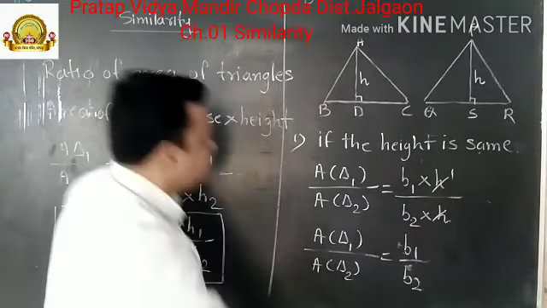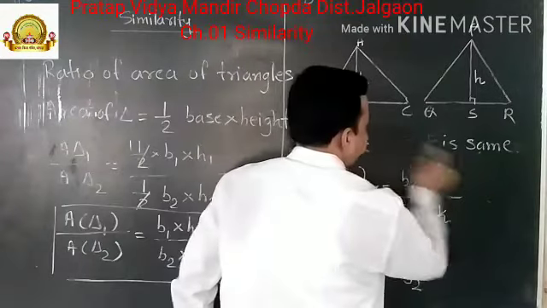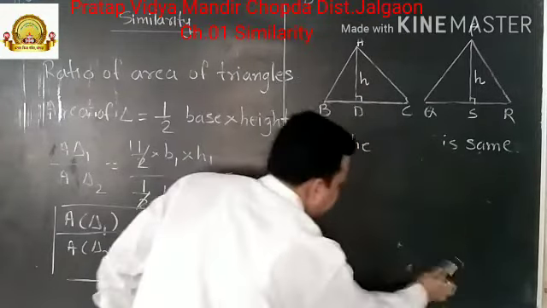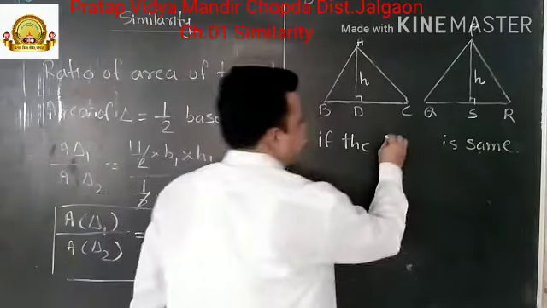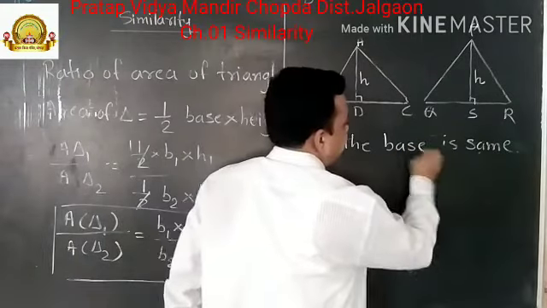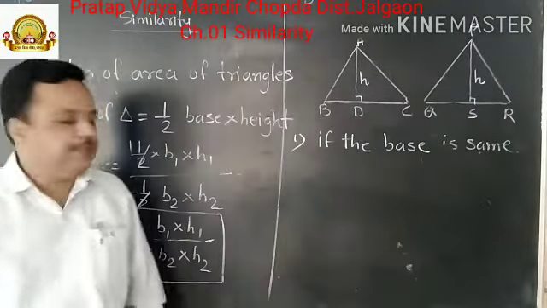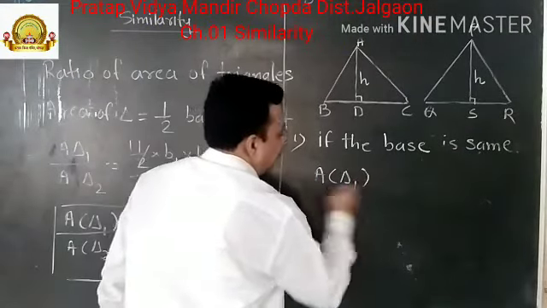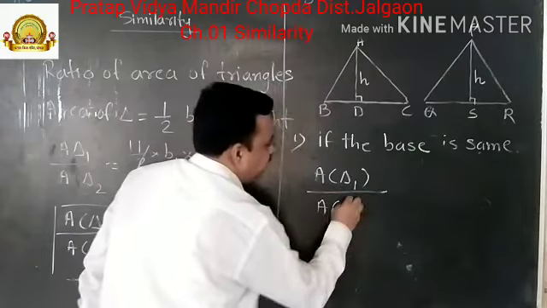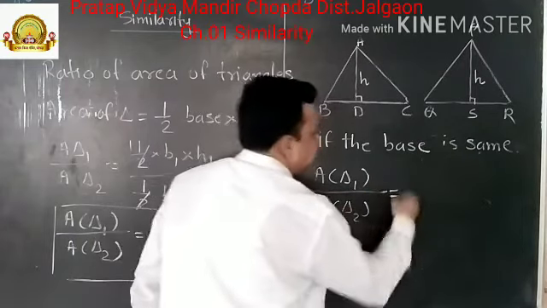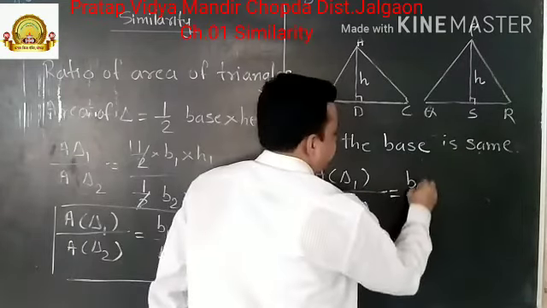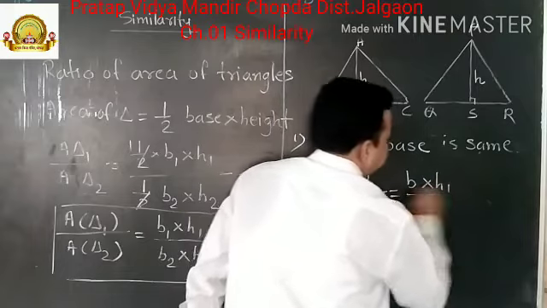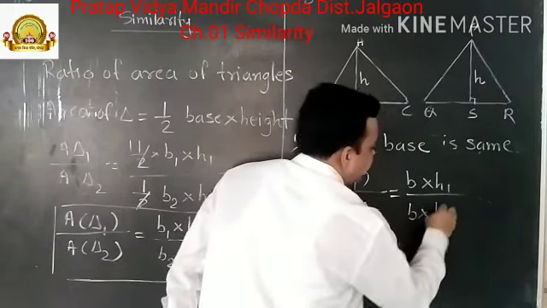Now the second condition is that if the base is same or equal, in this condition we get area of first triangle upon area of second triangle is equal to base into H1 upon base into H2.